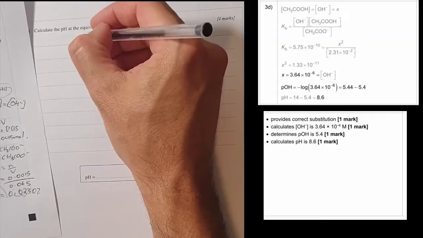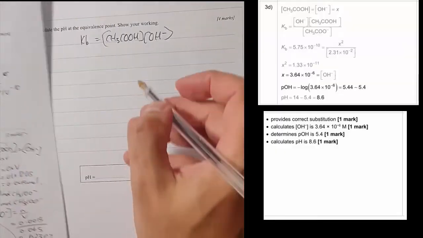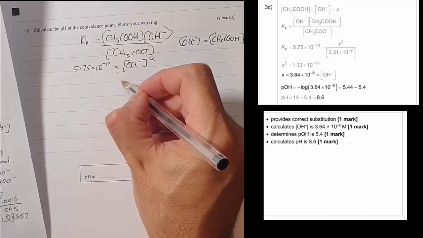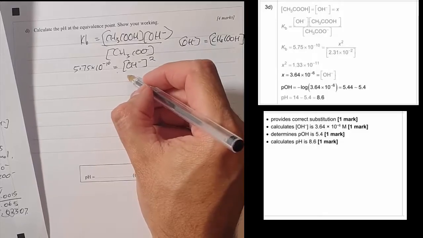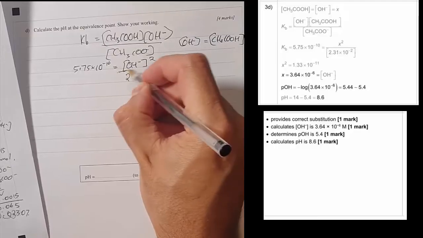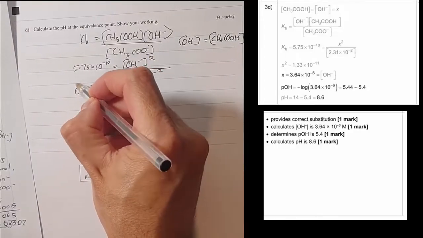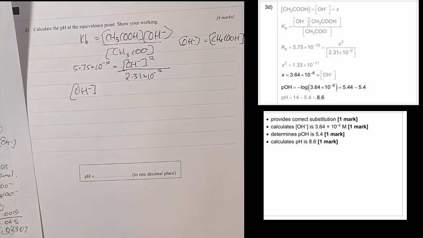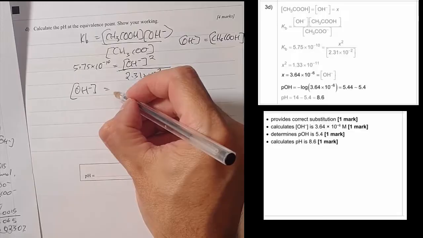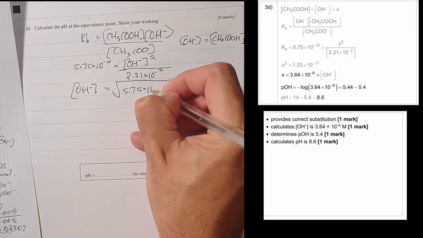So I'm just going to rewrite that bit. So that's squared, and I've just worked out the concentration, 2.31 by 10 to the minus 2. All right, so that really is the trick, I think. You've got to get your head around what's going on. It's not that easy.